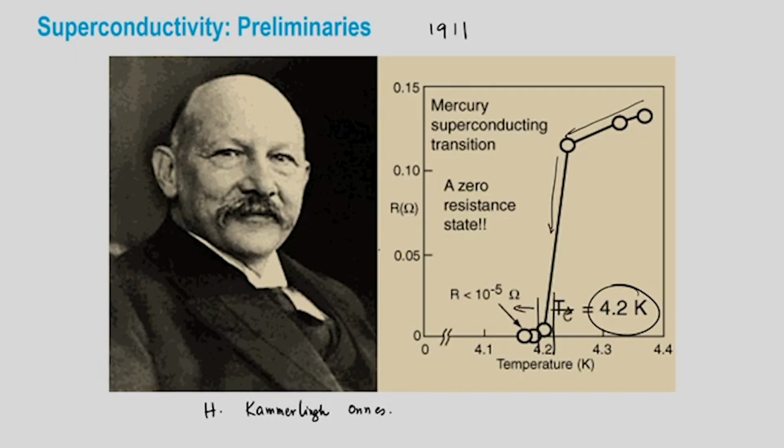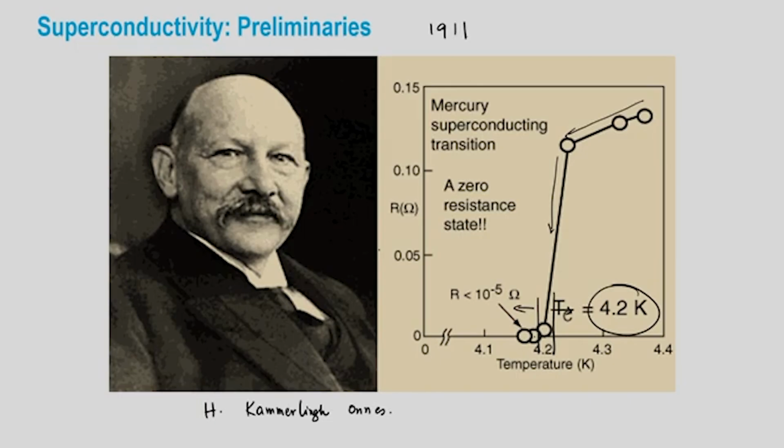It just drops to 0, and he almost immediately realized that this is a new state of matter, because if it comprises just electrons, they would collide with each other, and that will give rise to resistance. And if the resistance is becoming 0, something like 10 to the power minus 5, which is definitely a non-measurable quantity in those days, and even now you cannot measure anything lower than that.